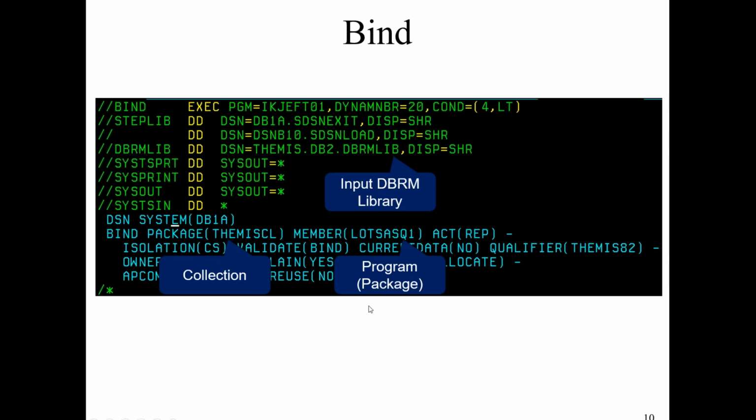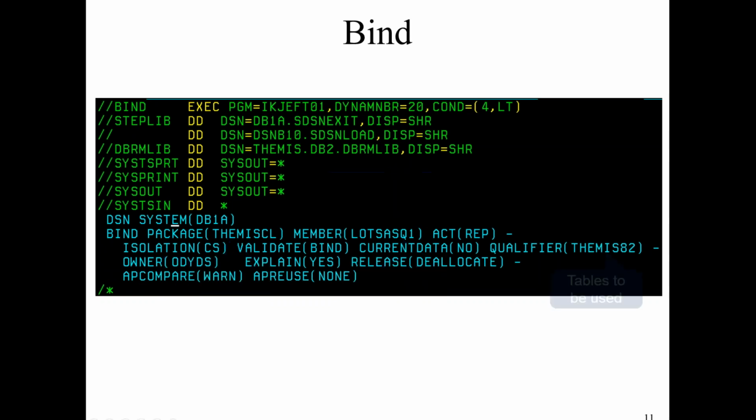The DBRM library, so this program called LOTSA-SQ1, the DBRM is going to be searched for in this DBRM library up top here. And again, you could have multiple libraries concatenated. Typically, this one, you'll only have one. Right? So take a package called LOTSA-SQ1, bind it to a collection called Themis CL on DB2 subsystem DB1A.